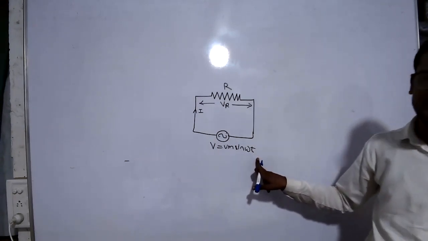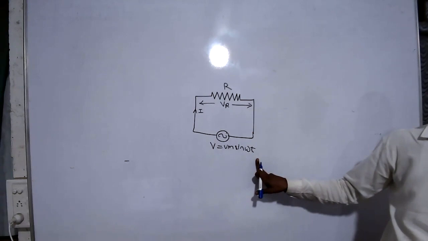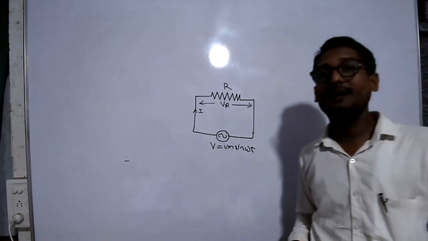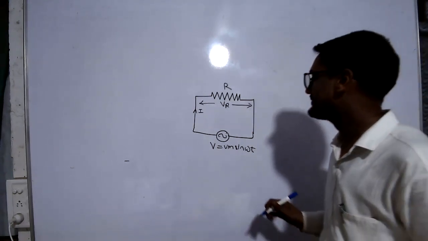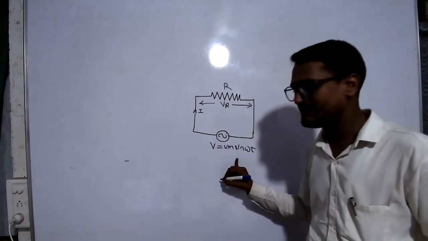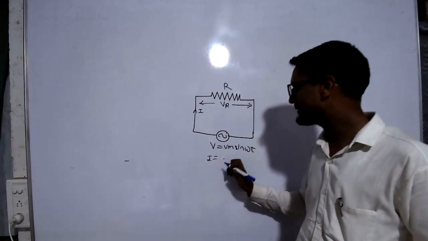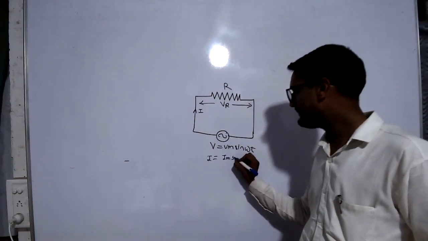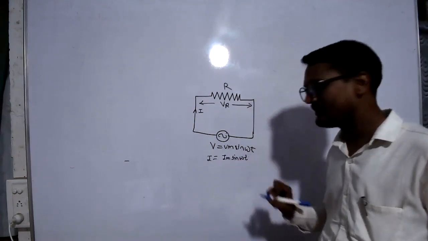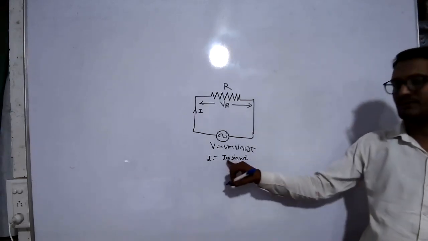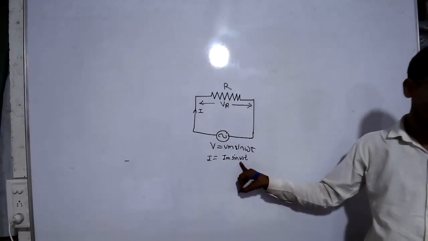The voltage and current equations for the pure resistive circuit: this is the voltage equation, and the current equation is I equals Im sin omega t.